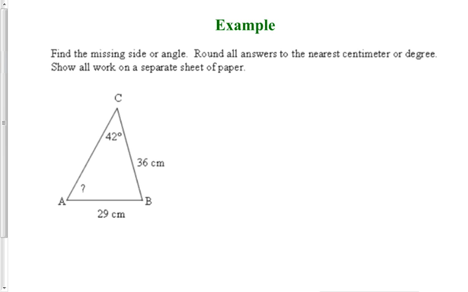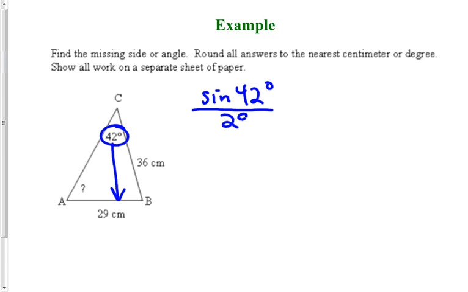All right, next example. So here we're being asked to find angle A. So based on what I'm given and what I'm asked to find, I can see here I know angle C and I know side C. So that's going to be the ratio that has both things. So I'm going to start sine of 42 degrees over 29.